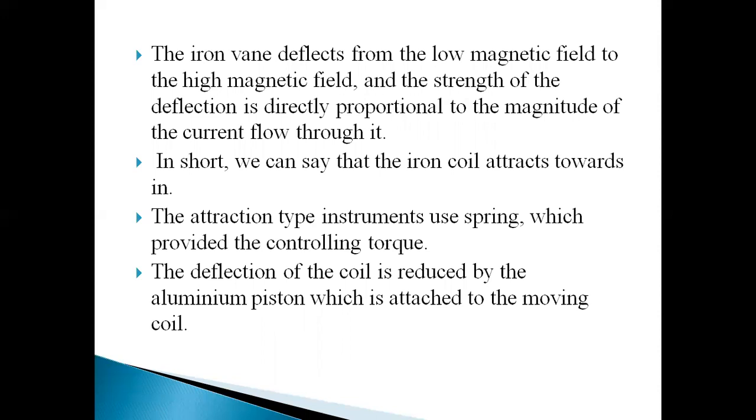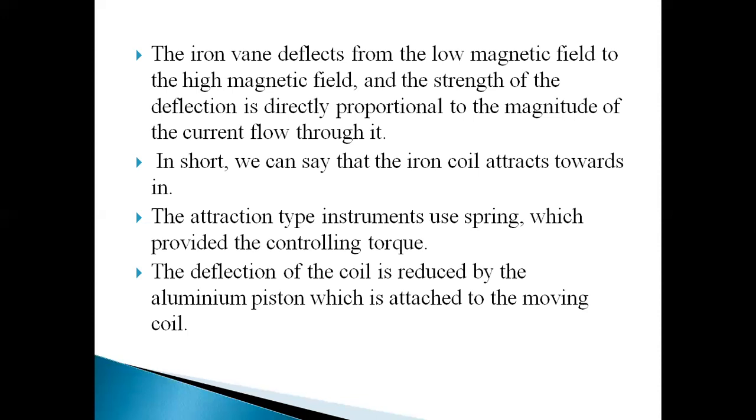So the attraction type instruments use a spring, which provides the controlling torque. The deflection of the coil is reduced by the aluminum piston, which is attached to the moving coil. Why do they use a spring to provide the controlling torque?